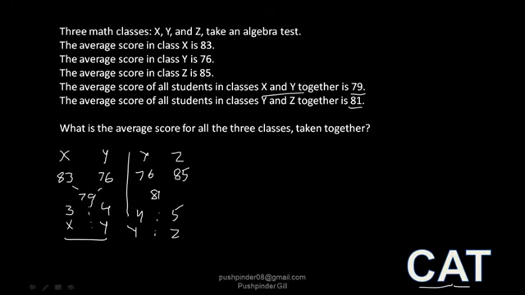So X ratio Y is 3 ratio 4 and Y ratio Z is 4 ratio 5. So X ratio Y ratio Z, it's simple, it's basic of ratios, is 3 ratio 4 ratio 5.